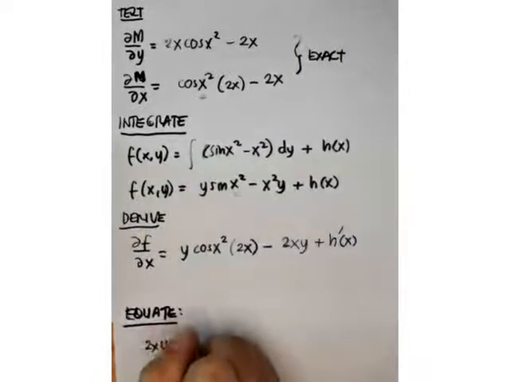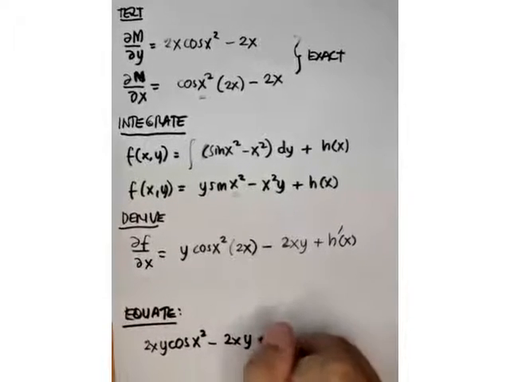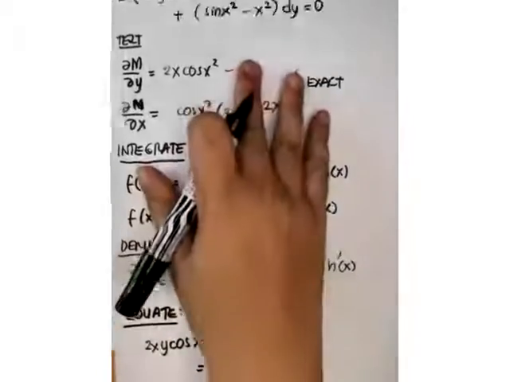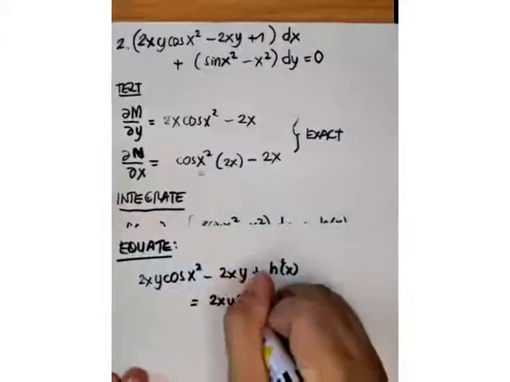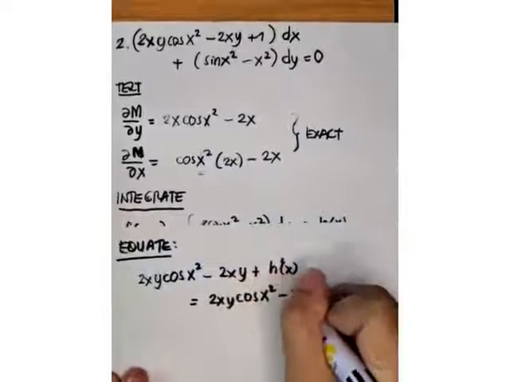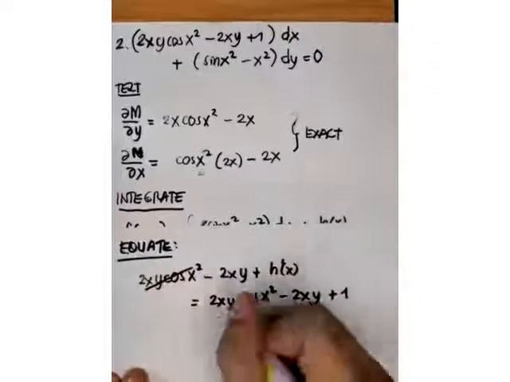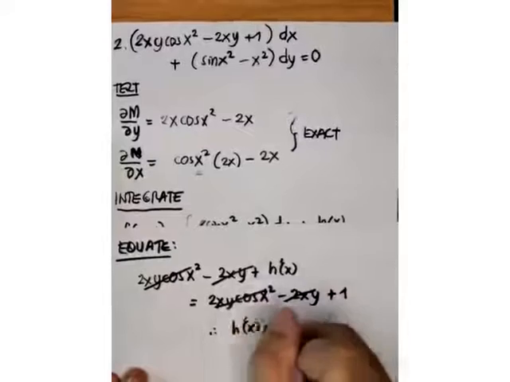So 2xy cosine x squared minus 2xy plus h of x prime. So that's equal to yung m natin. Ayun. 2xy cosine x squared minus 2xy plus 1. So cancel. Cancel. So therefore, h of x prime is equal to 1.